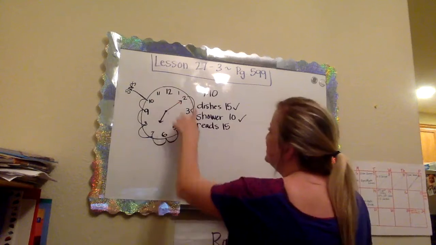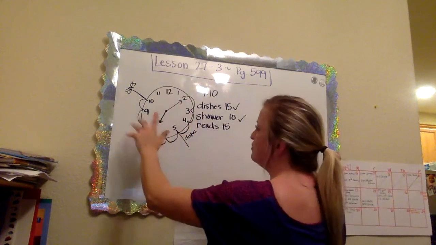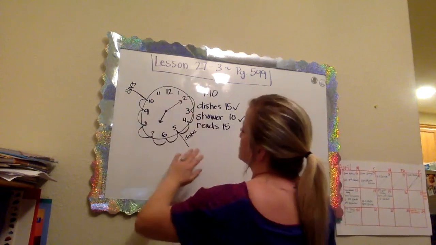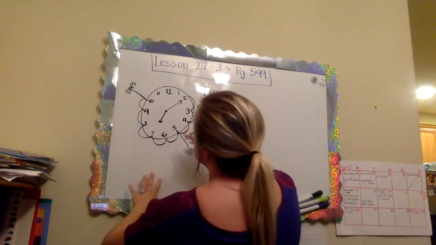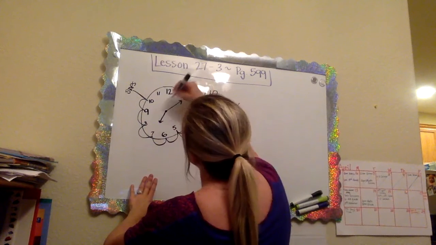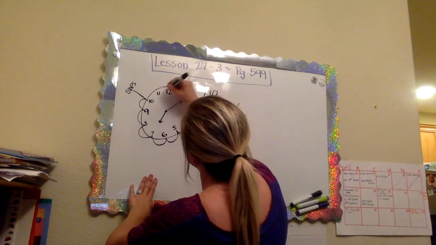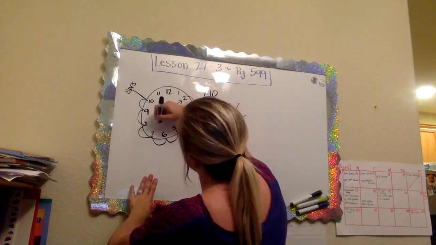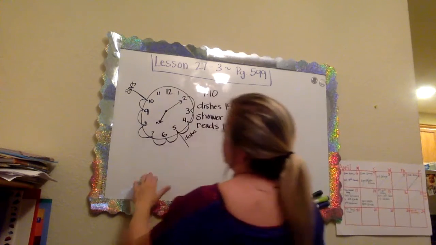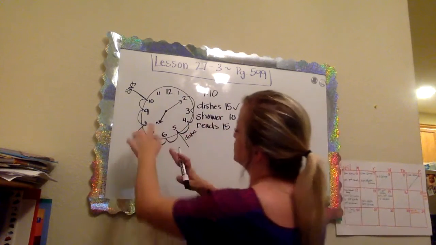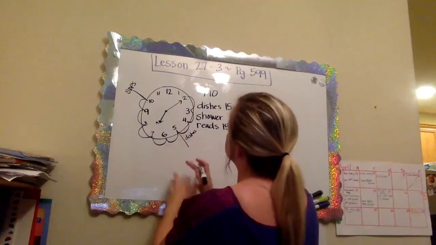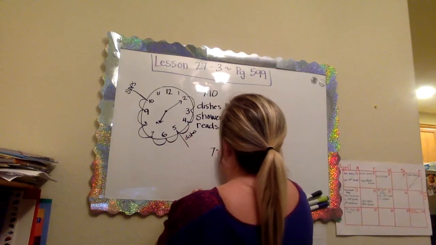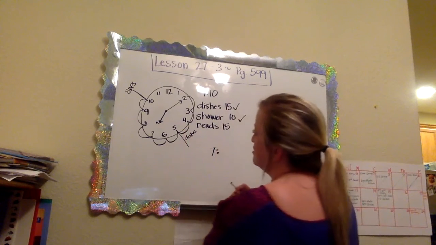My minute hand is close to the 12, but it hasn't quite gotten to the 12. What that means is that as this minute hand scoots closer to the 12, this hour hand is going to scooch more towards the 8 because it's getting closer and closer to 8 o'clock. It's still 7 o'clock though. So I'm going to leave the 7 there.